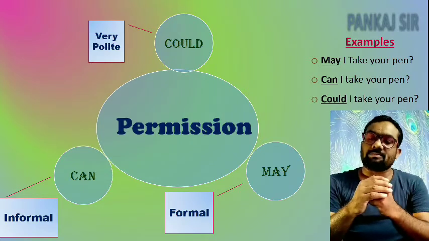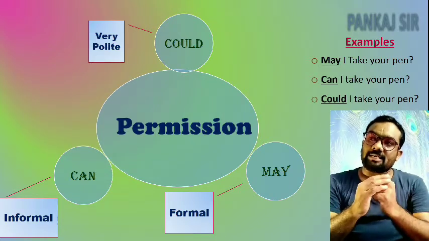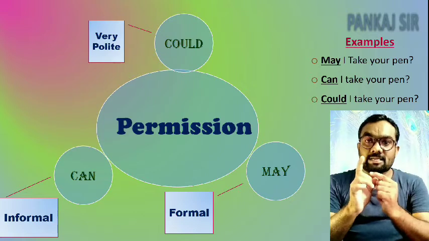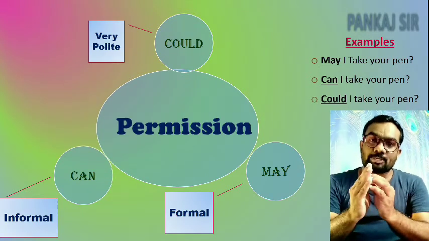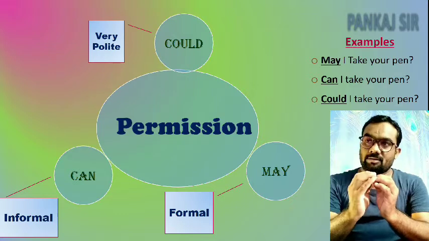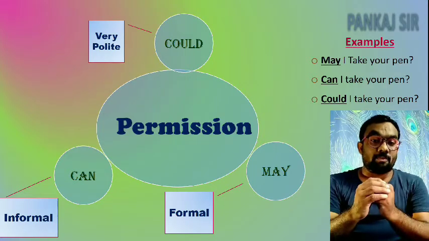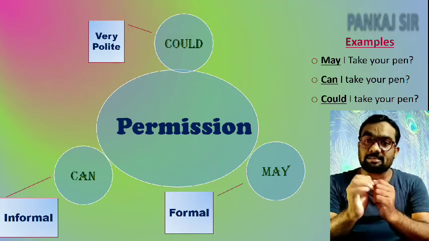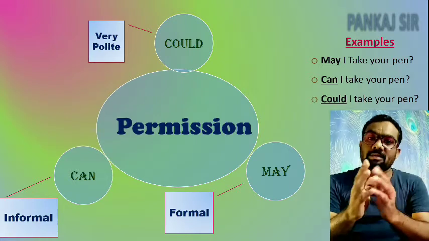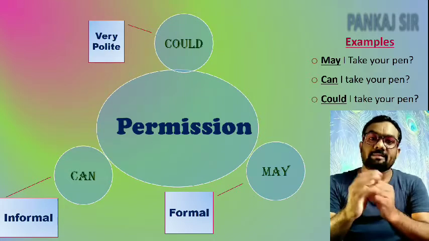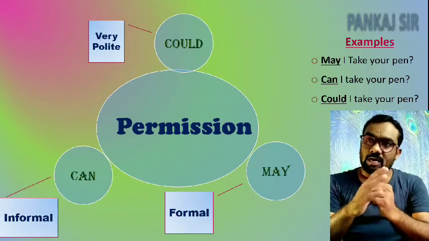Here we have some examples. May I take your pen? When we are asking this, we are asking some unknown person, some officially related person, right? Then, can I take your pen? When we are asking this, we are asking our friend or sibling, brother or sister, or anyone very familiar to us, right?